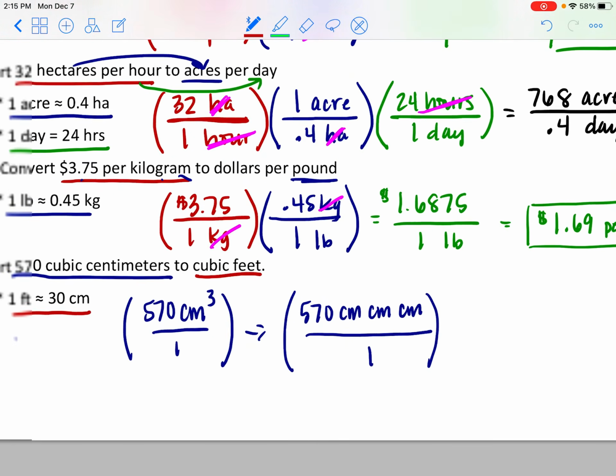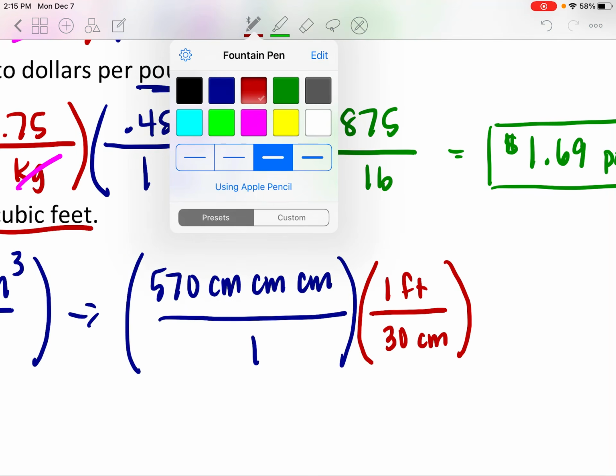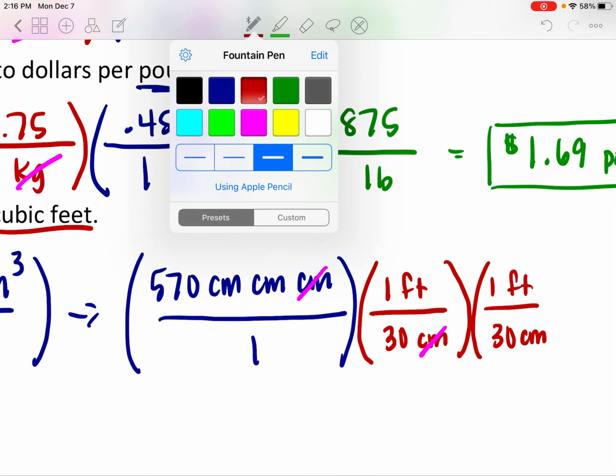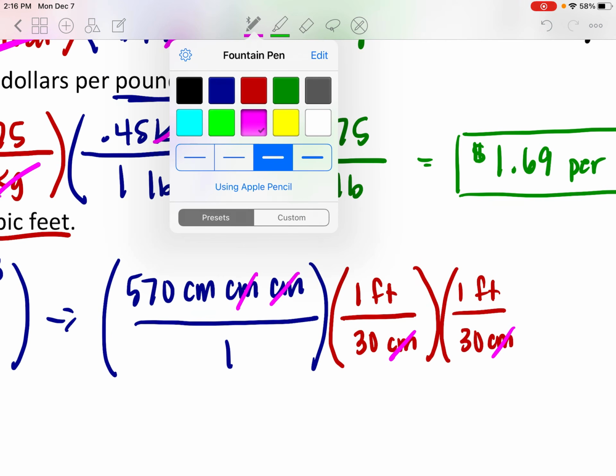So 1 foot is about 30 centimeters. If I only multiply it 1 time, it's only going to cancel 1 of those centimeters. So I have to multiply it a second time. 1 foot is 30 centimeters, so that a second centimeter can go away.